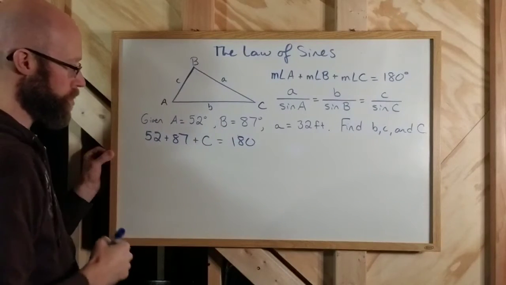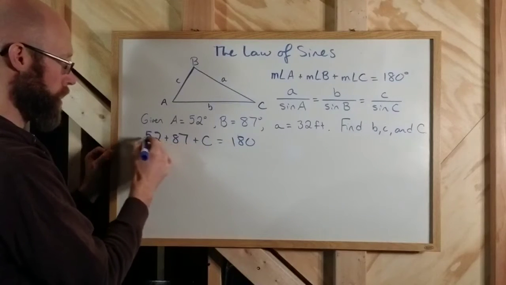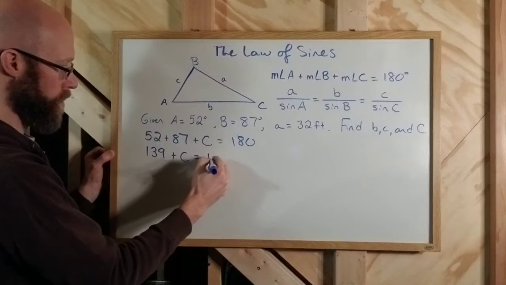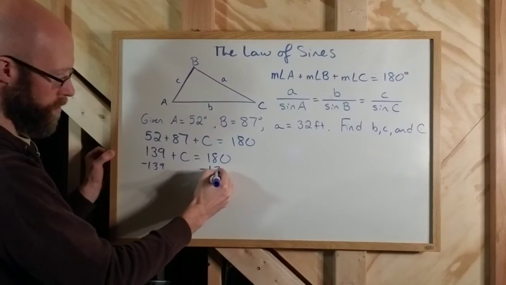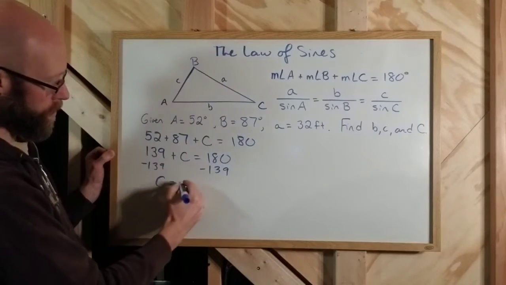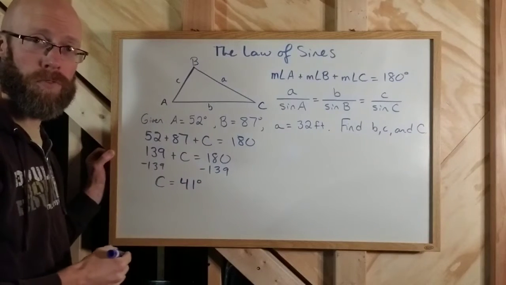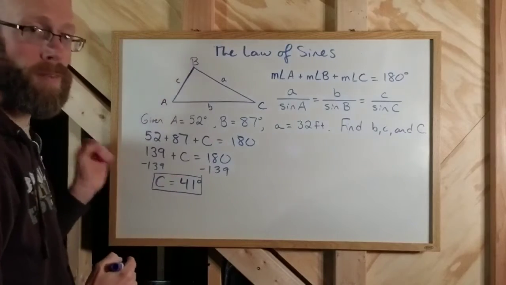I add 52 and 87 together. That would be 139. And then subtract the 139 off. And so C must equal, what's that, 41 degrees. Okay, there's our first answer. C equals 41 degrees. Okay.